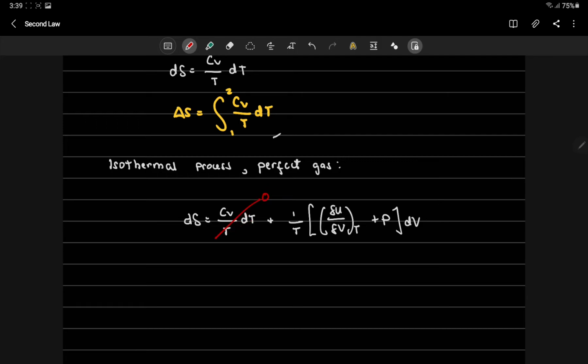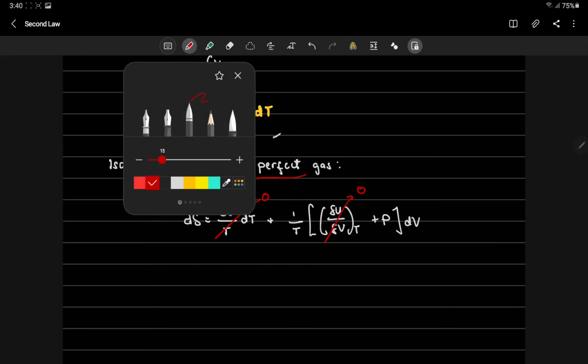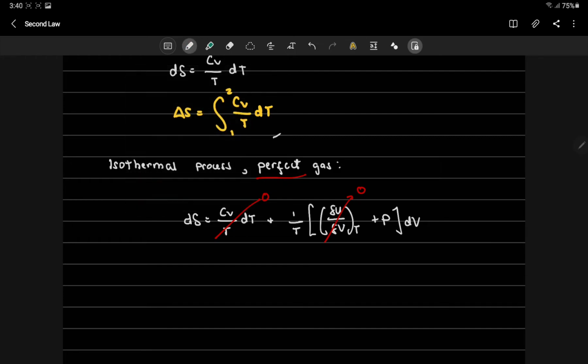Isothermal tayo, therefore there will be no change in temperature. Now, sabi natin dito kasi perfect gas. So pag perfect gas, naalala ninyo na this term right here will also be 0 for an ideal gas, right? Ibig sabihin, ang mangyayari sa general equation natin is that magiging ds equals p over t na lang dv.